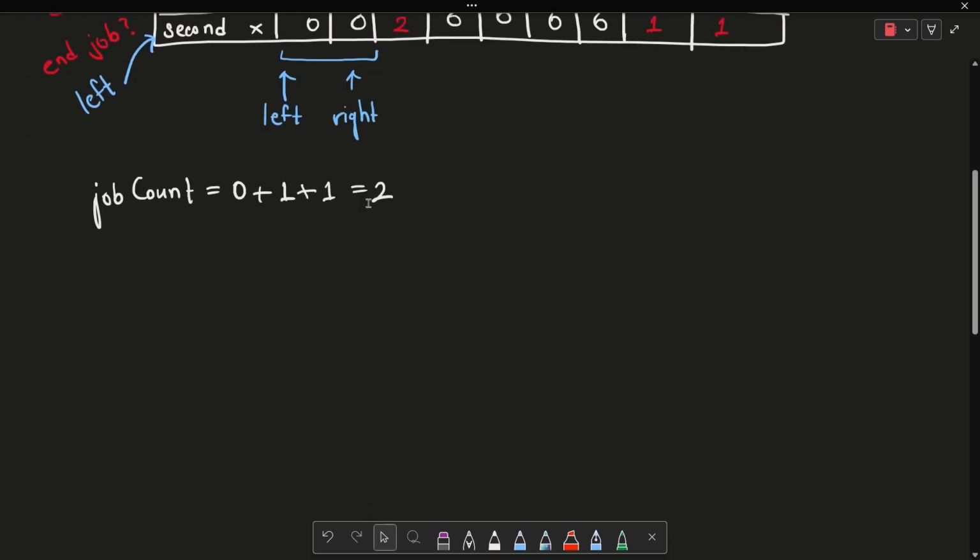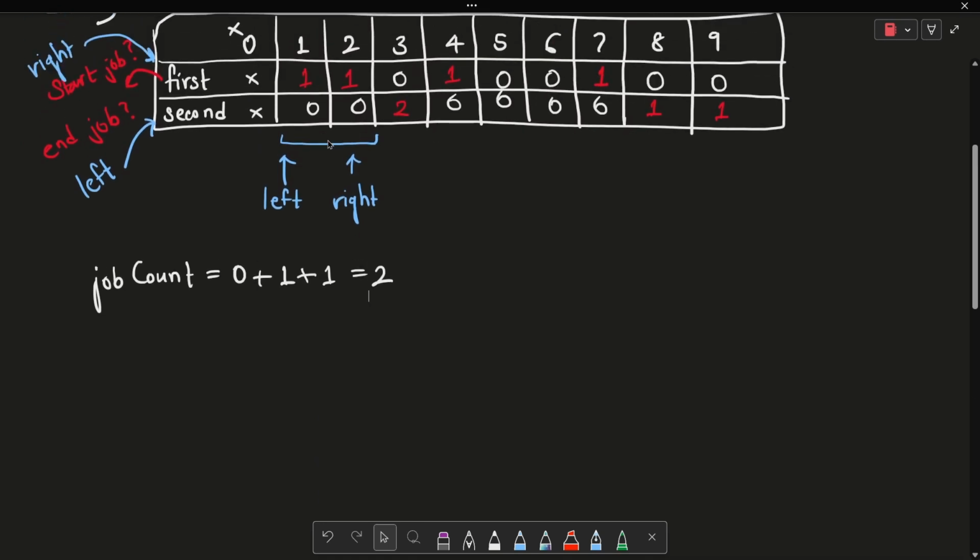Now the window size is obviously 2, so I'll have to move both the left and the right pointers ahead. Let me move both of these pointers ahead, left and right.